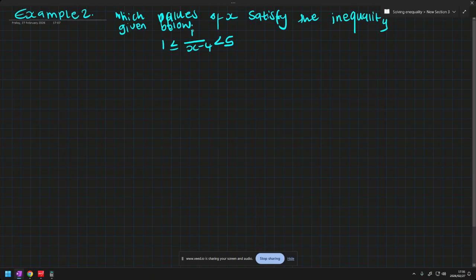So in the following, because you can see that we have 1, 2, 3, and the fraction in the middle, we have to split them, right?